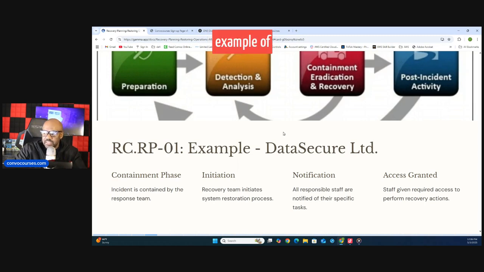So an example of this would be a company called Data Secure. They have a process where they have a containment phase, and this is all written out in their documentation. In this containment phase, they're going to take the identified security incident, if there was a breach or malware got into their network or whatever, and then they're going to contain it.